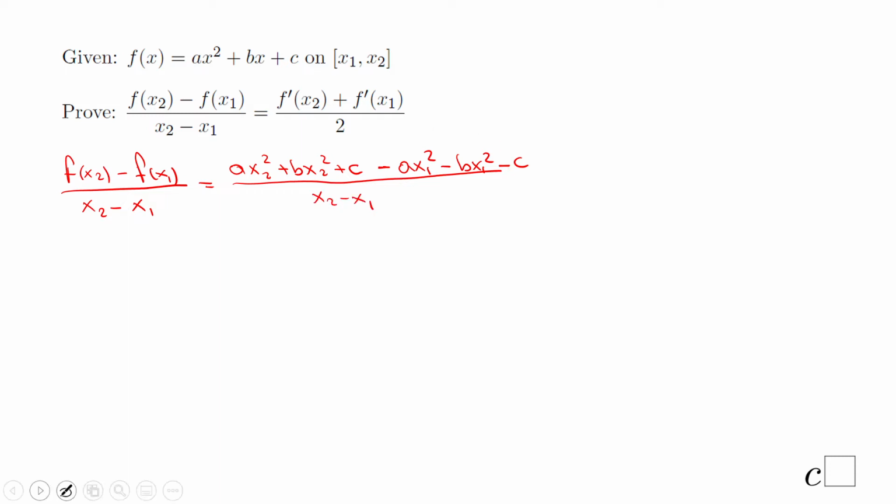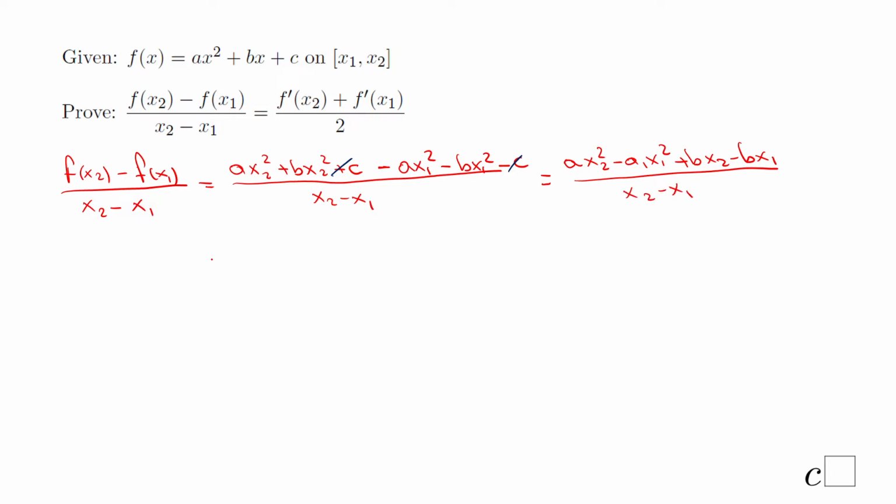And if you notice, these two cancel out, so we have left, and I'm going to rearrange the terms here, a x2 square minus a x1 square plus b x2 minus b x1 over x2 minus x1.